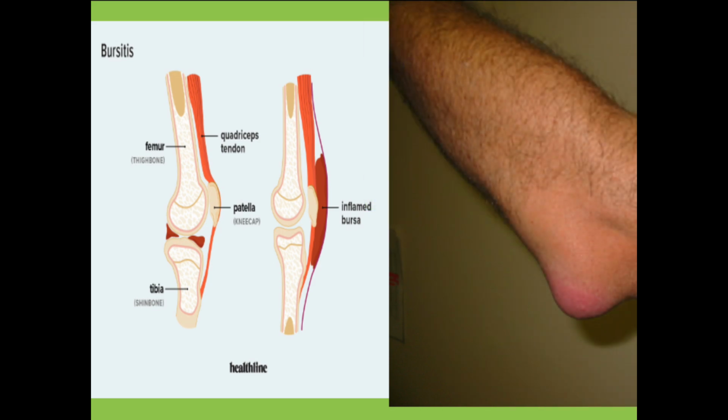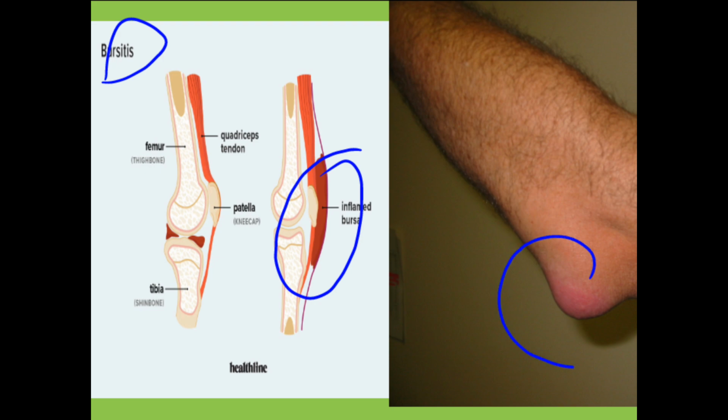Let me just write it for you. You can see this one here, those inflammations. And this one on the other side, this is bursitis. Get to know that. And this is the tennis elbow, the other picture here. You can see this inflammation here. This is the elbow of a human being. So you can see that inflammation there.